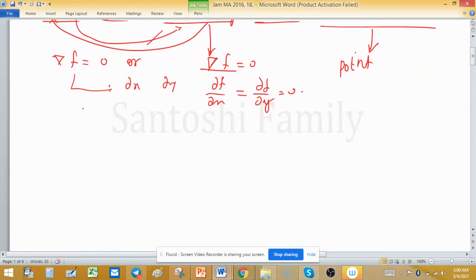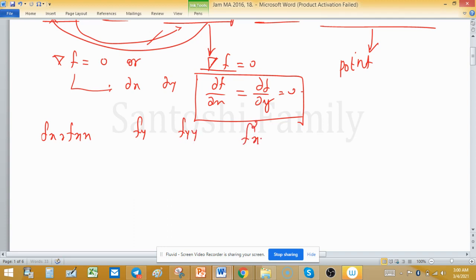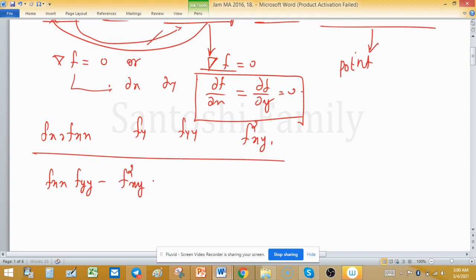To find the critical point, this is the condition as explained, and we need to check fx, fxx, fy, fyy, and f square xy and their signs, and the sign of fxx fyy minus f square xy. For a saddle point, this should be less than 0.